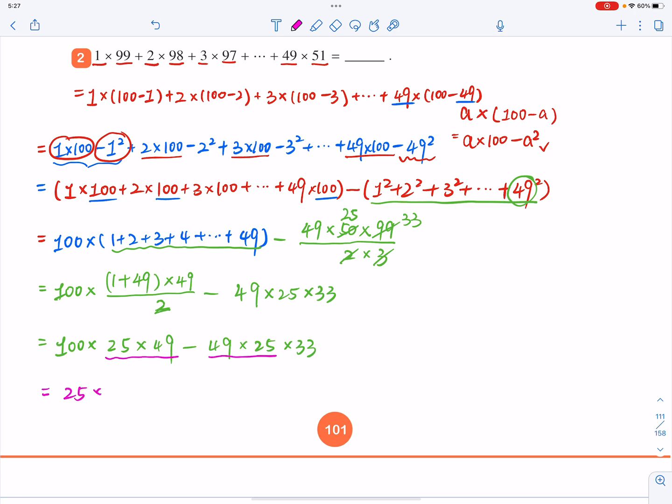So 25 times by 49 times by the difference of 133. Okay, let's see what do we have. We're going to have 25 times by 49 and times by 67. Alright guys, that's the last step of the calculation. You can do that by yourself and you will find the final answer equals to 82,075. And that's the final answer to this question.